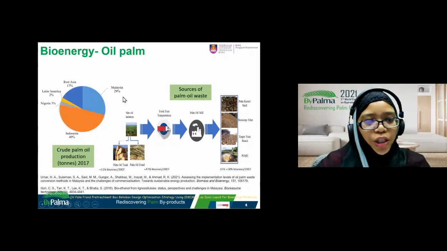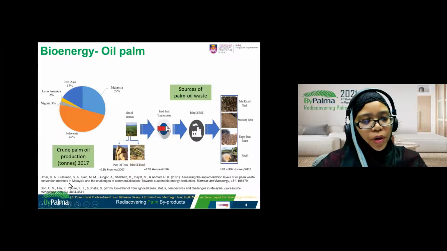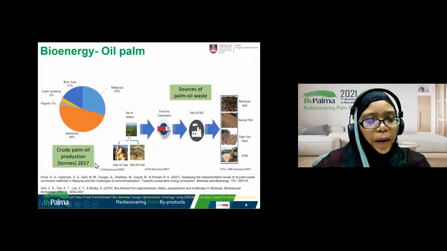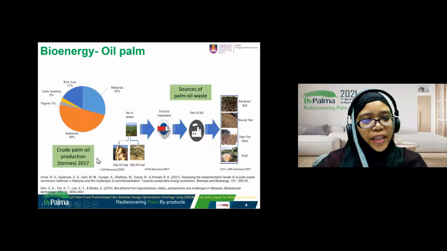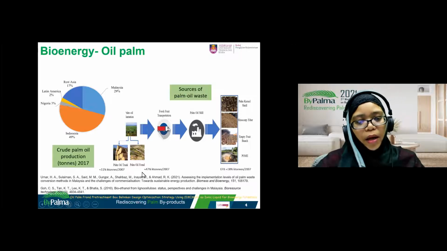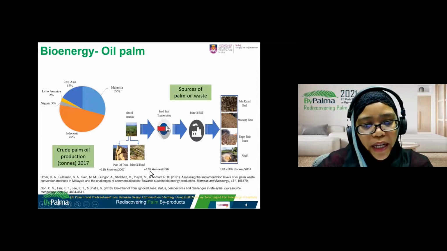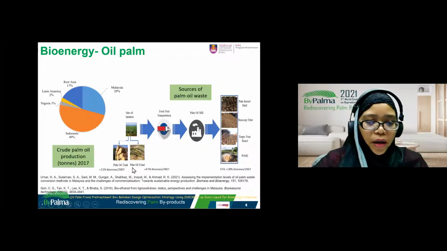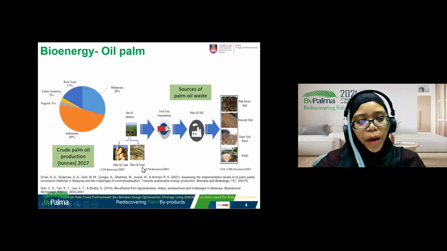Malaysia is the second largest country in the world producing crude palm oil, as reported by Umar and other authors in 2021, based on kilotons in 2017, after Indonesia. Mr. Goh in 2010 reported that the majority of the palm oil plantation waste comes from the OPF, oil palm frond.